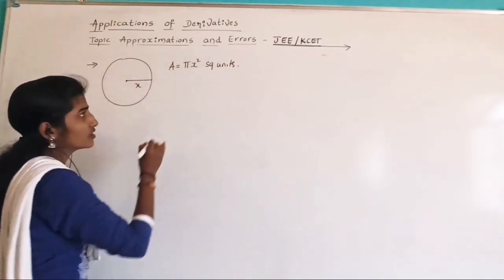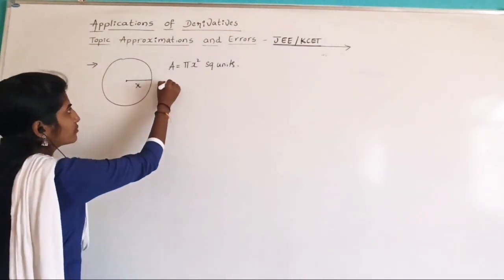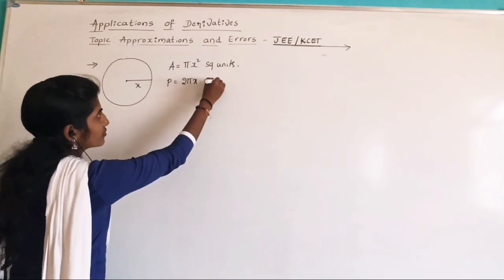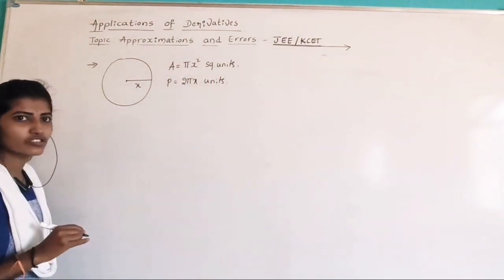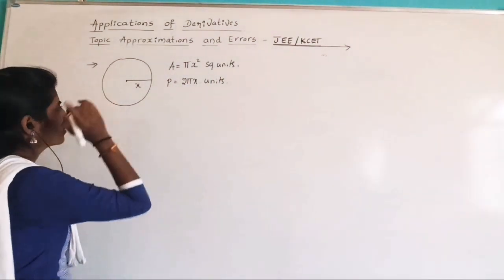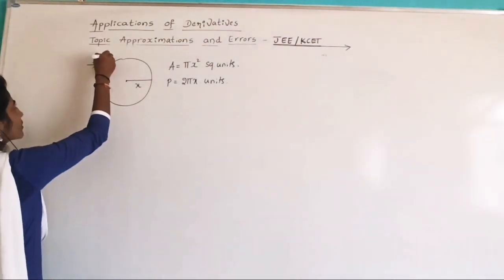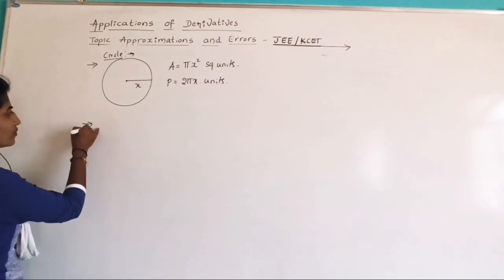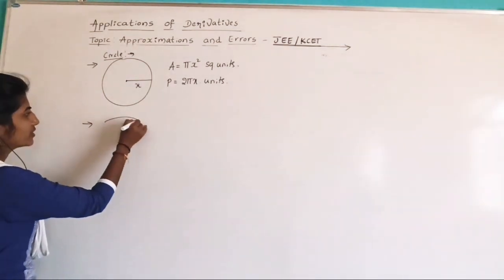This is all about the area of a circle, and its perimeter is given by what? 2 pi x units, right? This is all about the circle. Next, second concept you must know about is the cylinder.